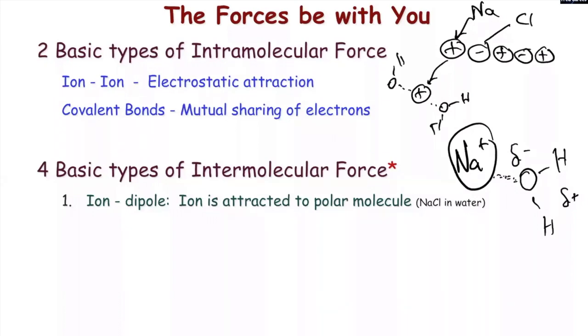And so how do we designate that? We designate that as NaCl(aq). Aq meaning that the water is hydrating those ions and allowing it to dissolve. That's an ion-dipole interaction, okay? Ion is attracted to a polar chemical like water.